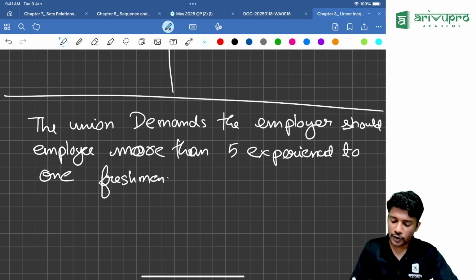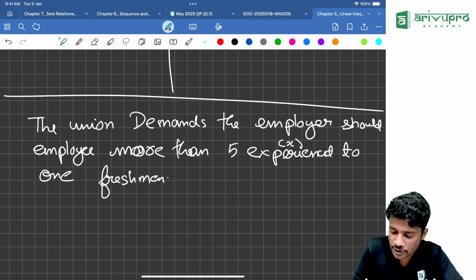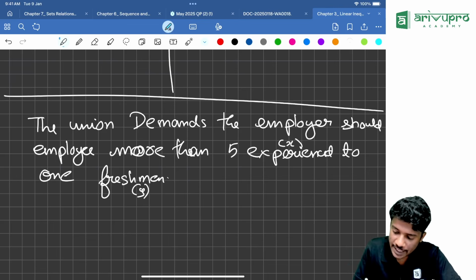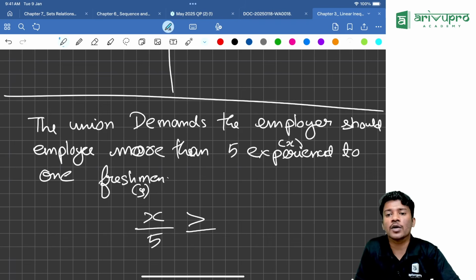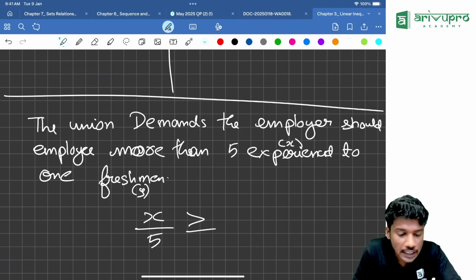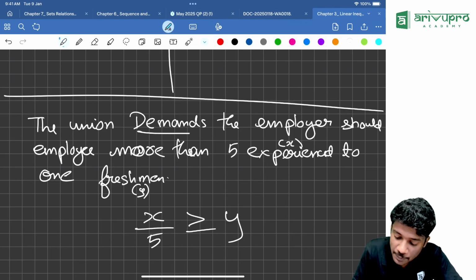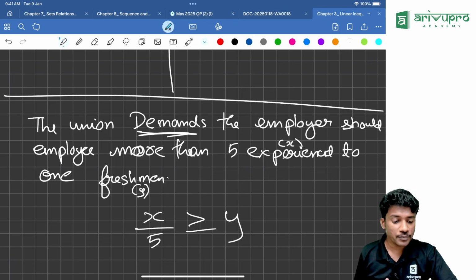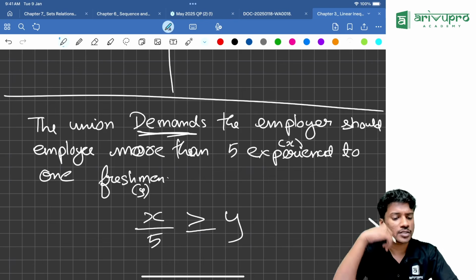Okay. So here experience we will take as X and freshman we will take as Y. You should tell me. X by 5 greater than or equal to Y. Correct? Why? Because they are demanding. Demand should be like, it should be more than. Correct?